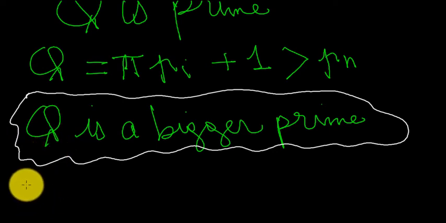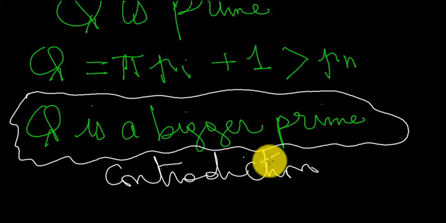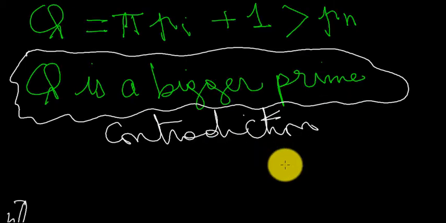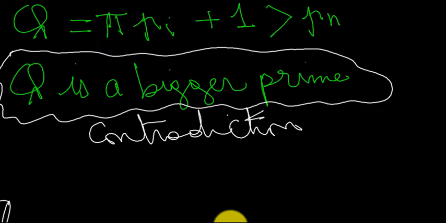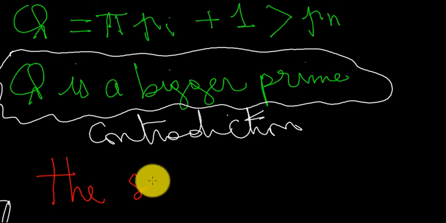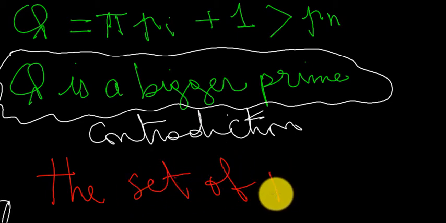And this already is another contradiction, and it proves that our assumption was wrong, and that the set of prime numbers is infinite. So the set of primes is infinite.